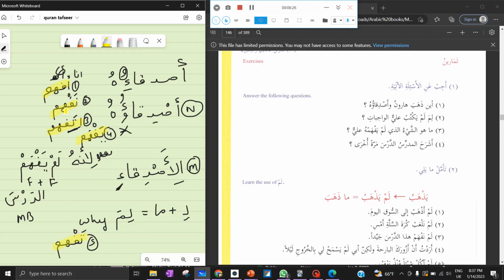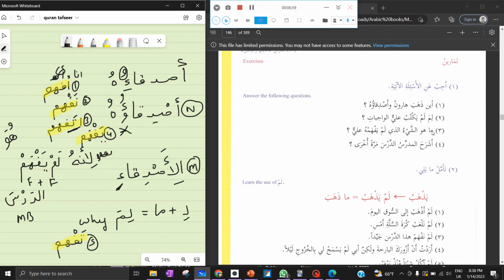In this, afham is ana, fa'il mustatir; nafham nahnu; tafham anta mustatir; yafham huwa mustatir; and tafham hiya mustatir. So here in yafham, which damir is mustatir? Huwa. Taqdiruhu huwa. So ma huwa ash-shay'u. Ma here is working as ma mausula, not as ma questioning tool.